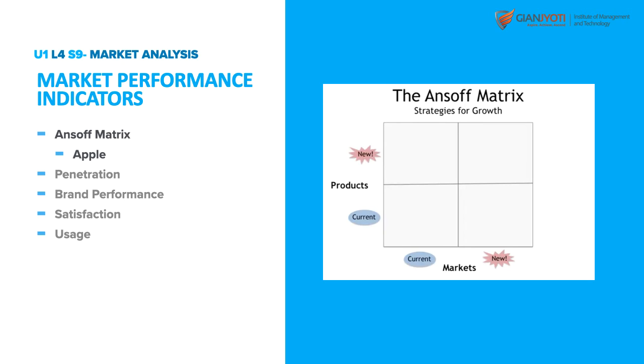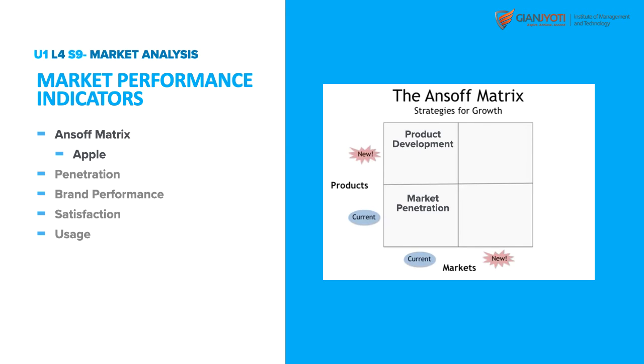The market is the current market in which you are operating, or there could be a new market. Similarly, the product, the current products and the new products. The first stage of the Ansoff matrix and the strategy that we use is what we call market penetration. That means we would like to increase our share with the current product in the current market, and that is what we call market penetration.